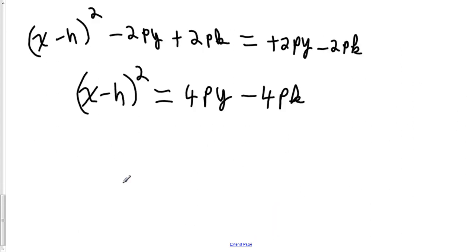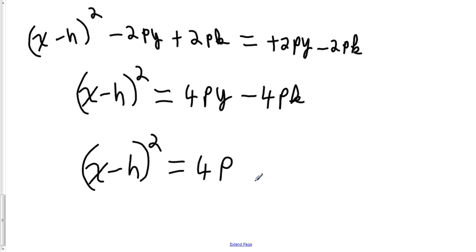All right, so what I have here is almost the correct form that I want. I have x minus h squared equal to, and then here I have this common factor in both of these of 4p. 4p, that's very interesting. And what I have left over is y minus k.